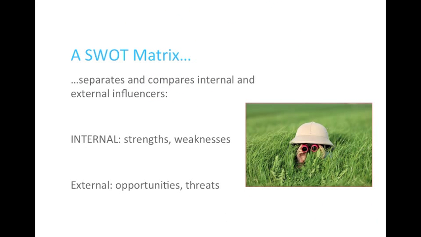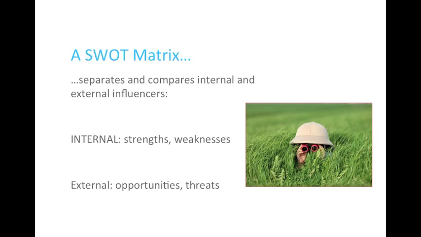Now, if you think about the weaknesses and the strengths part, essentially those are internally focused. When we talk about what are the strengths of this company and its weaknesses, we're often actually speaking about a number of operational things, but also it could be finance related, it could be marketing related.